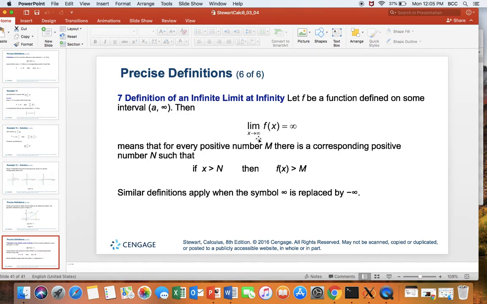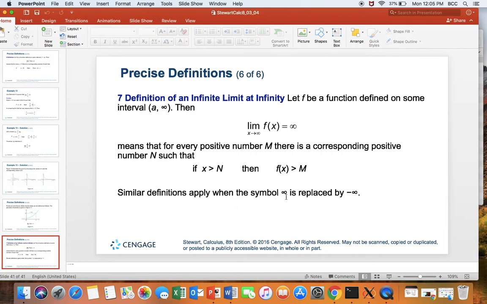Then limit x approaching infinity of f(x) is infinity, means for every positive number M, there is a corresponding positive number N, such that if x is greater than N, then f(x) is greater than capital M. So this is what it means to say f(x) keeps growing large, right?